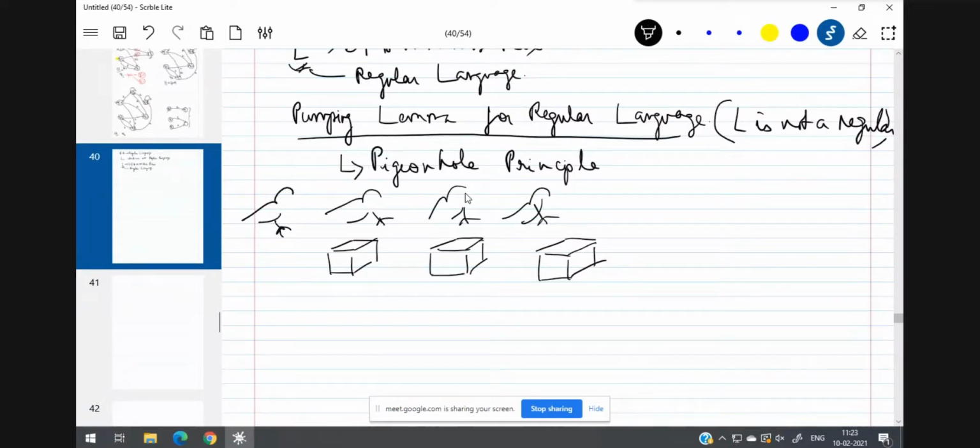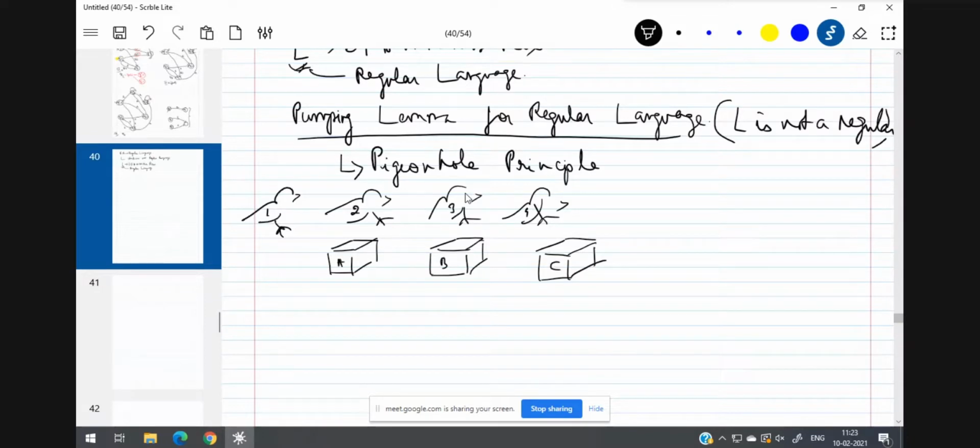Suppose I'm going to place each pigeon inside a pigeonhole. Let me number the pigeons as 1, 2, 3, 4, and let me designate some symbols for the pigeonholes, say A, B, C.